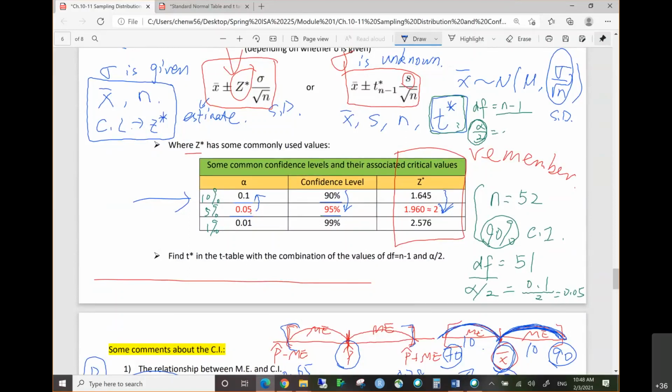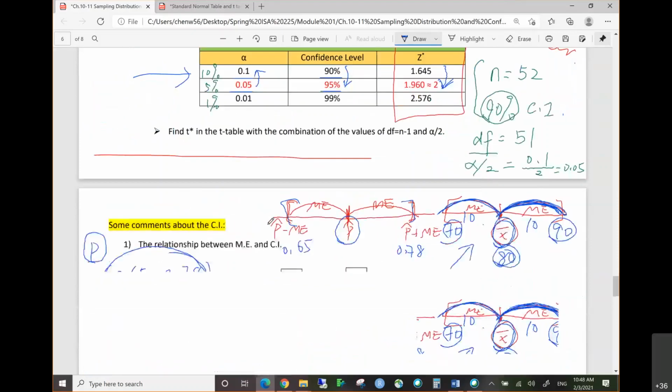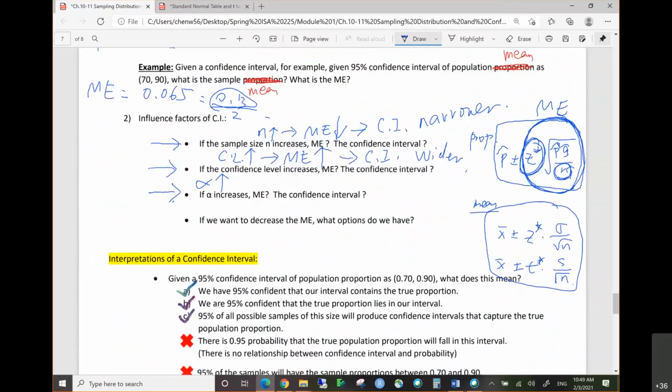The opposite, because the alpha and confidence level have opposite trends, so the alpha and Z star also have opposite trends. So when the alpha increases, the margin of error will decrease because the Z star will also decrease, right? So if the margin of error decreases, that means your confidence interval will be narrower.